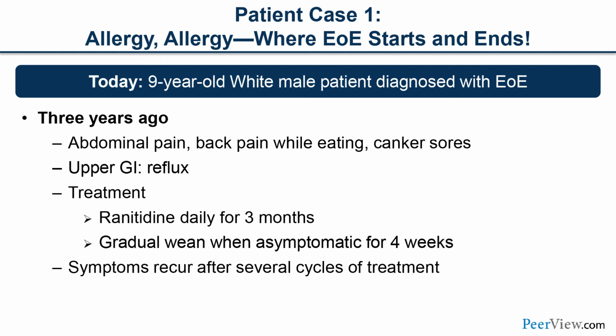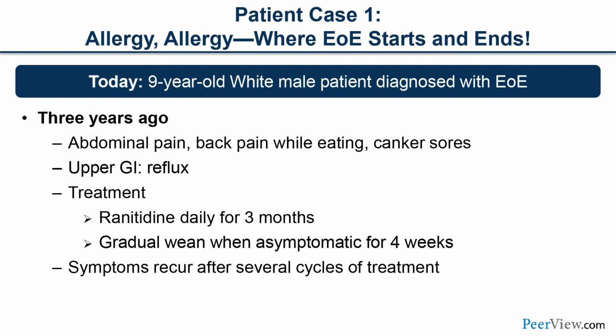And when I looked back in his chart after the diagnosis, I found that 3 years ago, prior to the diagnosis, he had presented with abdominal pain. He even said, he was 6 years old at the time, he said he gets pain in his back while he's eating. And he also had lots of canker sores.